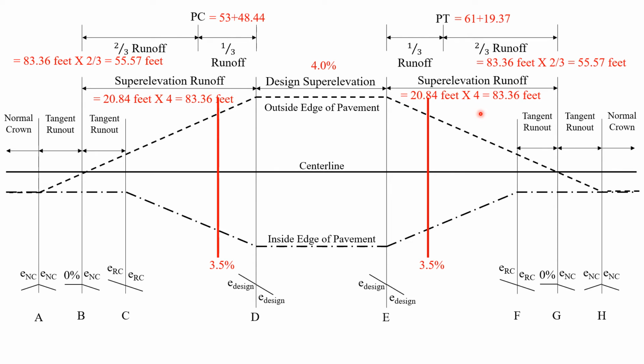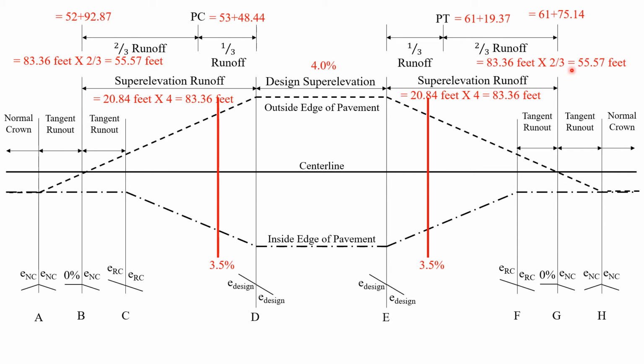We're going to need to know where adverse crown removed is located so we can set up our similar triangle. So we're going to need to know 2/3 of the runoff. So 2/3 of 83.36 feet is 55.57 feet. And that's that distance here, the 2/3 of the runoff on each side of the curve. That will allow us to find our point where we have adverse crown removed. That's station 52 plus 92.87 on the PC side of the curve.